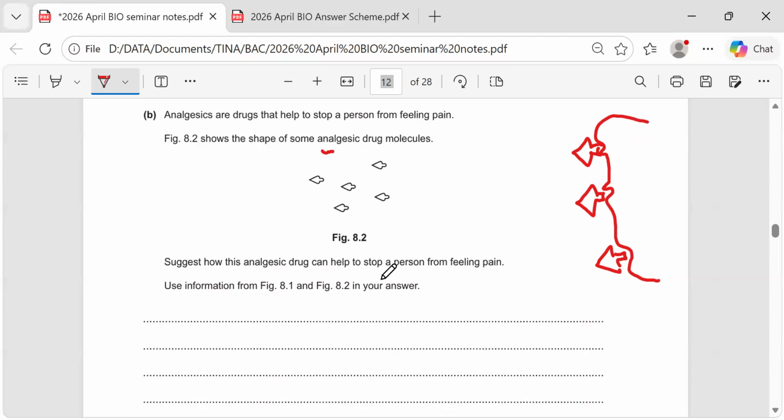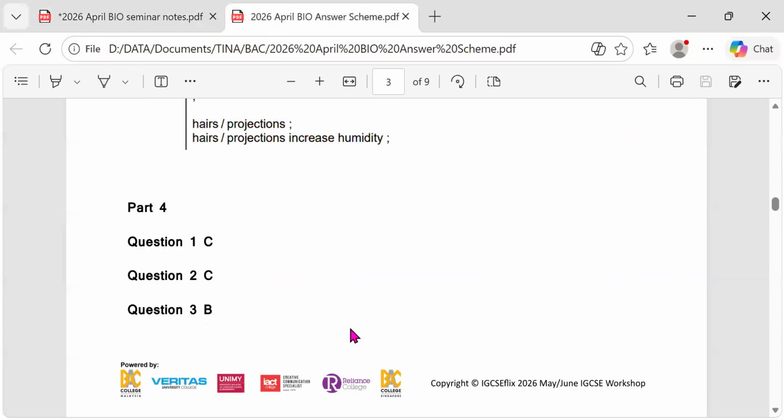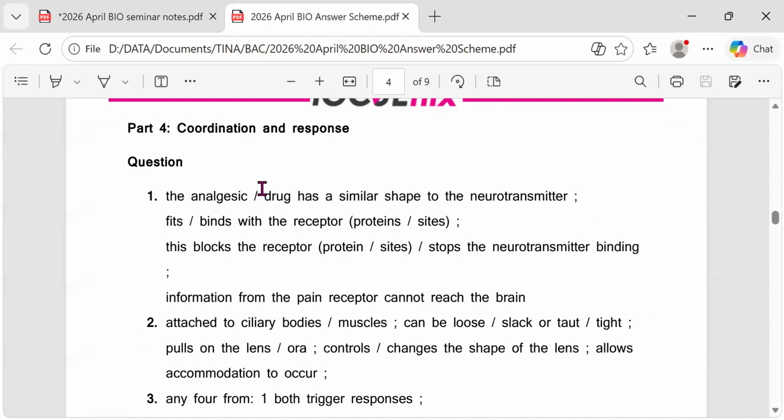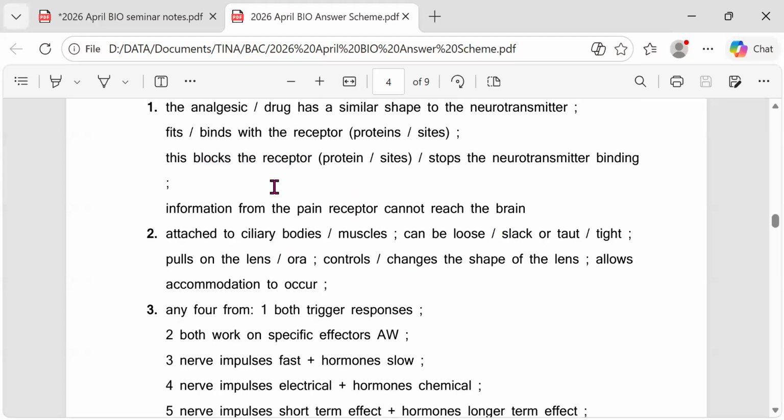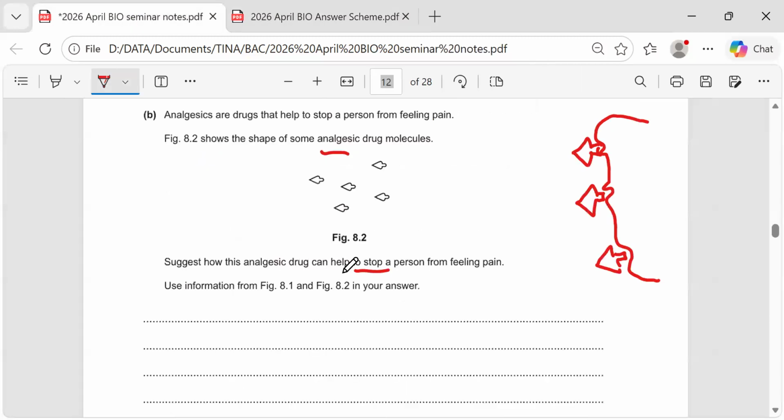That's what analgesic means: painkiller. Suggest how this analgesic drug stops a person from feeling pain. The drug has a similar shape to the neurotransmitter and it binds with the receptor protein. So it blocks the receptor and stops the neurotransmitter from binding. The pain receptor's information cannot reach the brain. Do you understand? Okay.